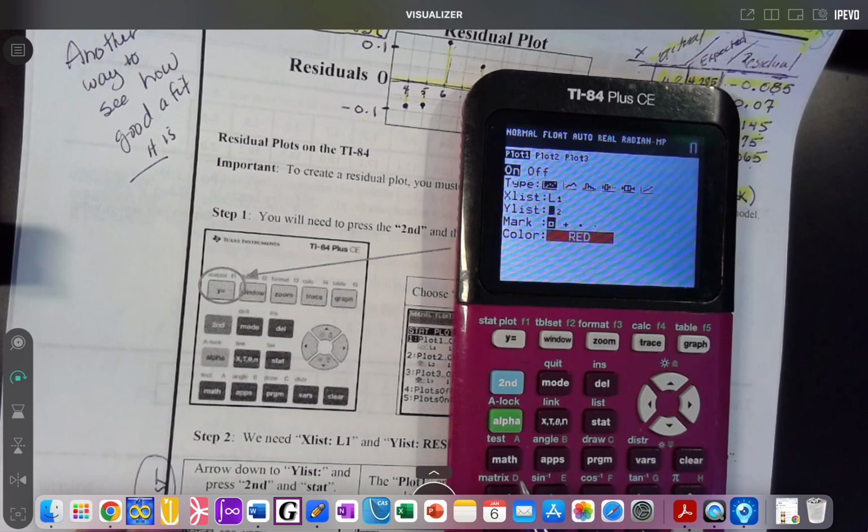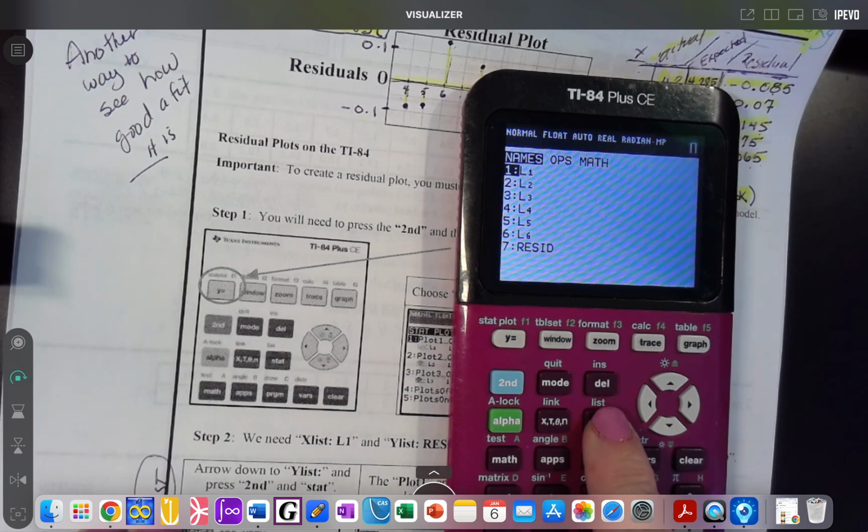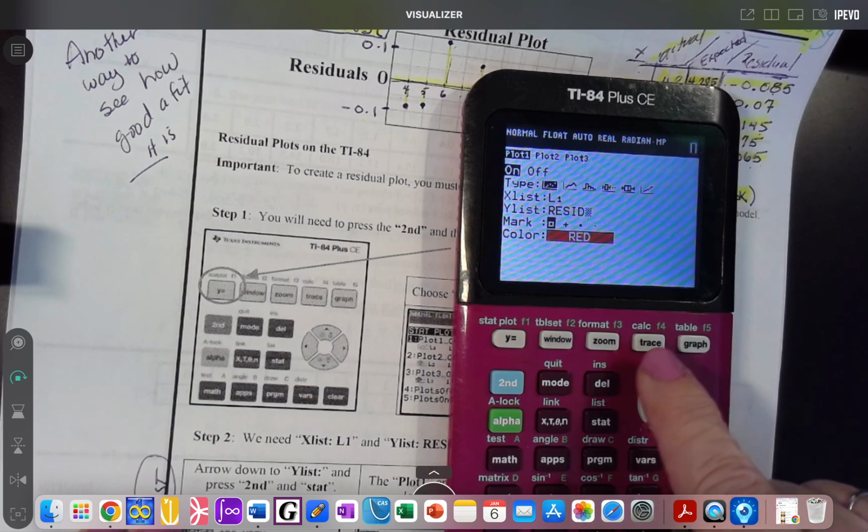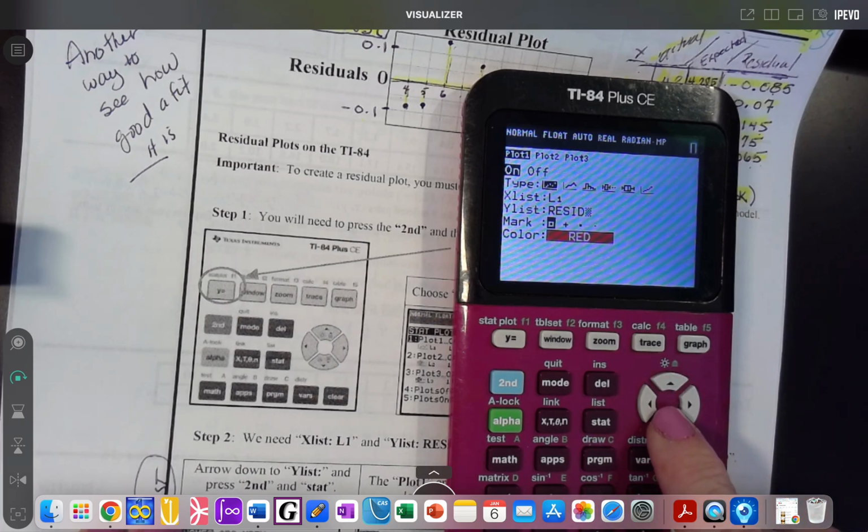If you look at your calculator, there's a list under stat, and that's where L1, L2, etc. will reside. So if you say second, stat, or list, you want to go down to 7, and now it says residual, and make sure it's in the Y list.